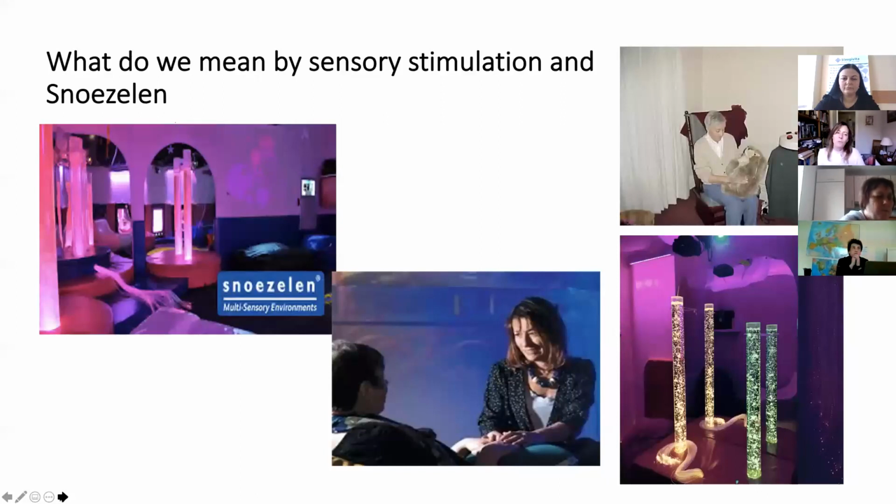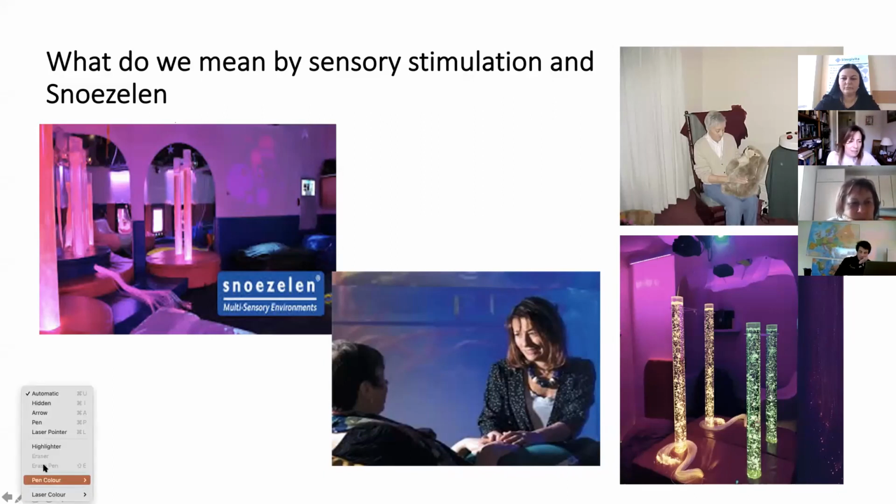Just to start with, I thought it'd be useful to give a bit of an overview about what we understand by snoozling and a snoozling room. It's a concept that is used very frequently to describe a designated space with specific types of equipment.